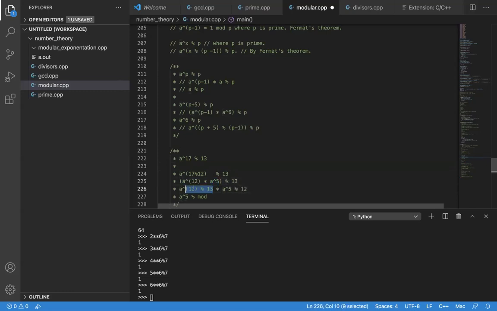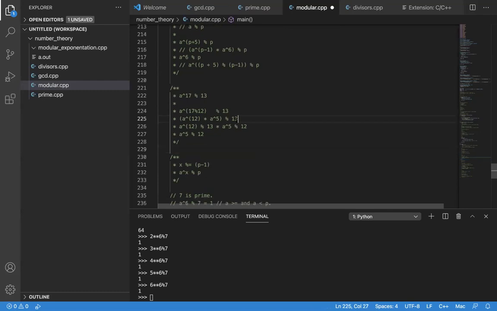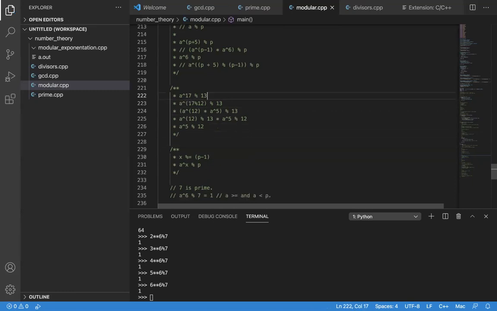And this a power 12 expression I know is 1 by Fermat's theorem, so this will become a power 5 modulo 13. Is that clear? Is this person clear about what is happening here? Yes, this is clear. I'll try to look into it more. It's Fermat's theorem, no?